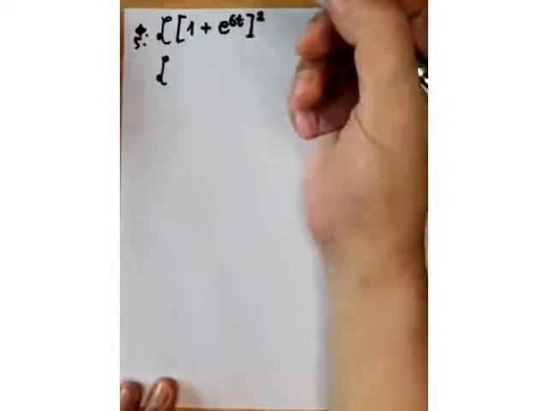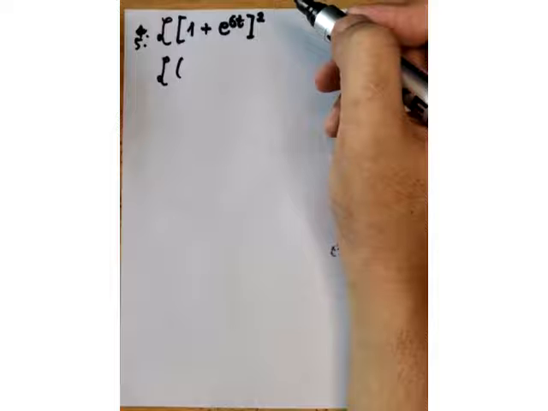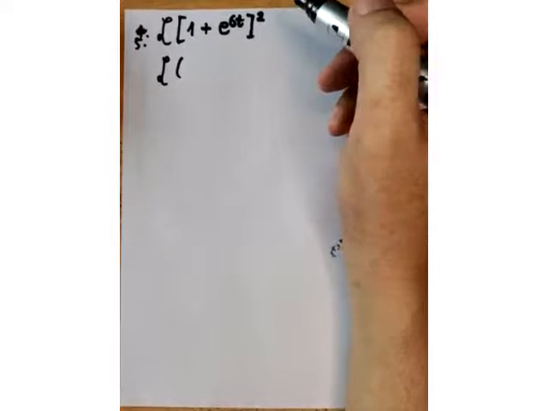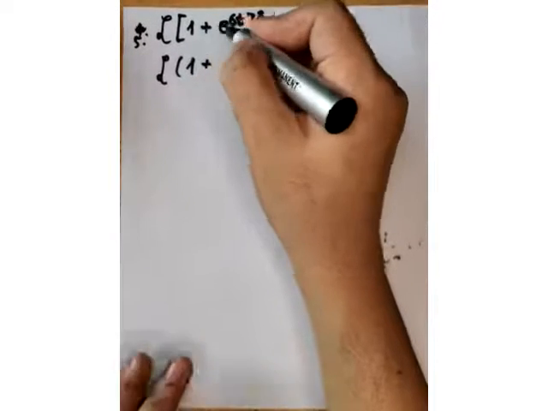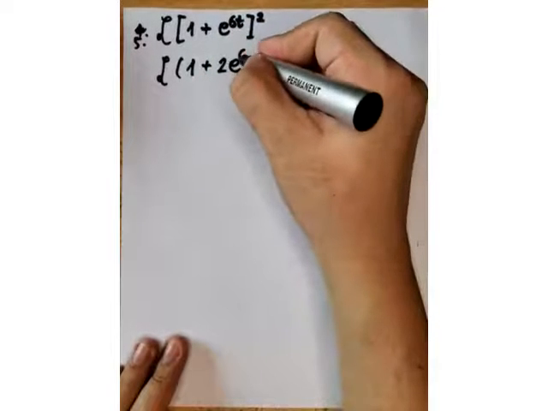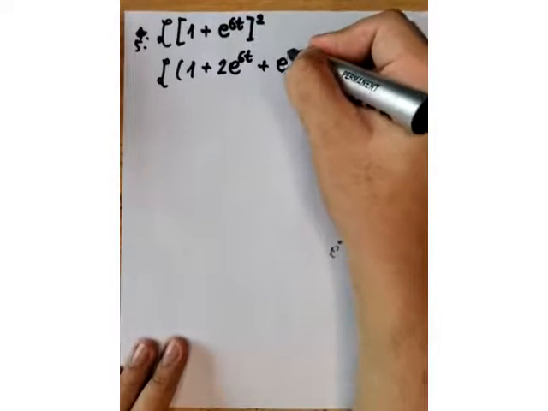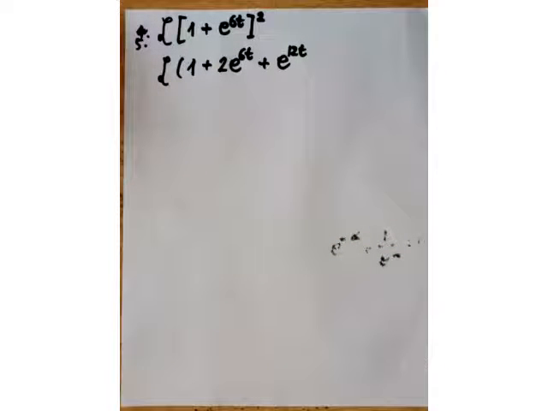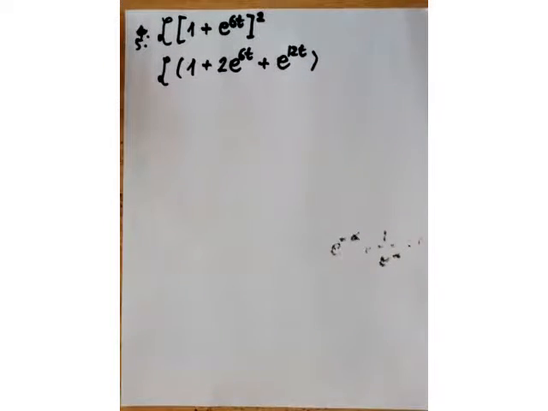So that is the Laplace transform of, expand. Okay, so square the first term and then multiply the two terms, then times 2. So 2e raised to 6t, and then square the last term. So square the last term is e raised to 12t. Okay? Ayan. So pwede na natin yan i-Laplace transform.